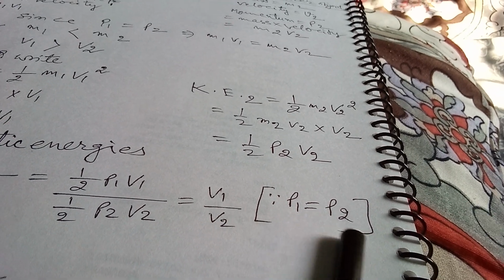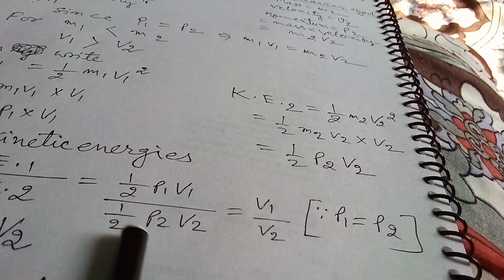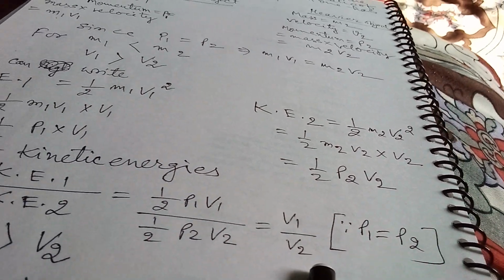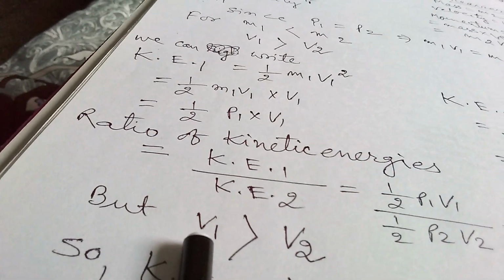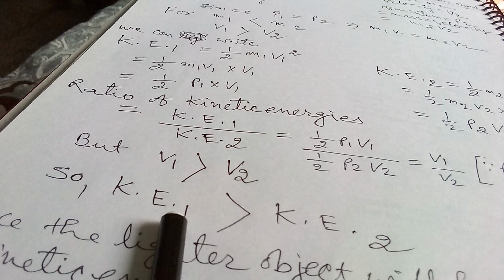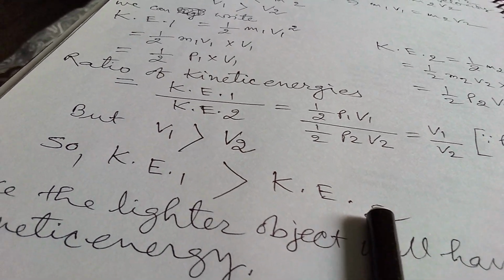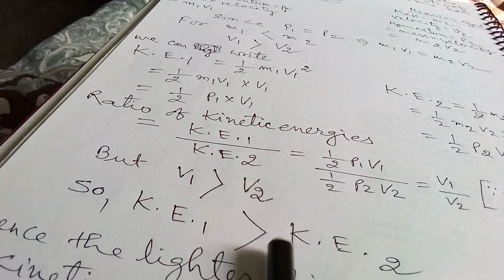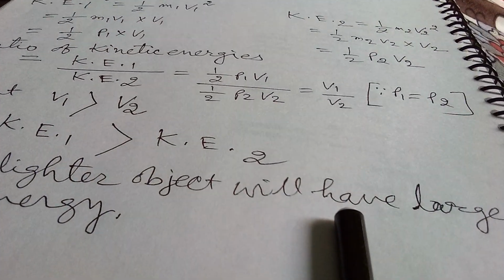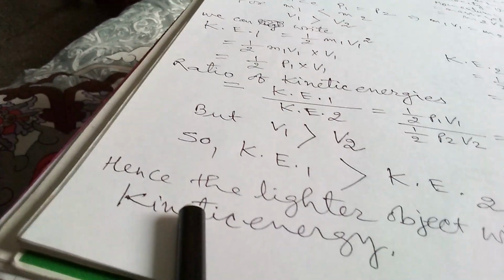So since p1 equals p2, 1 by 2 p1 in the numerator, 1 by 2 p2 in the denominator, both will be cancelled, and that leaves v1 by v2. And since v1 is greater than v2, kinetic energy 1 is greater than kinetic energy 2. This means lighter object will have larger kinetic energy.